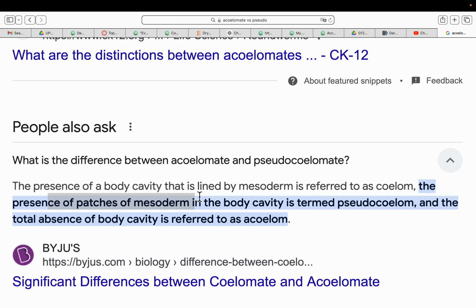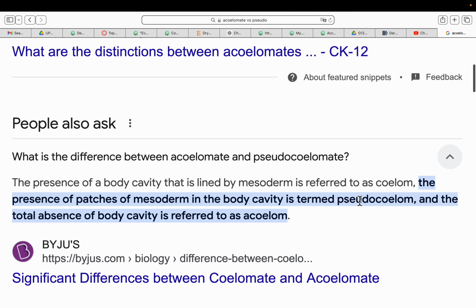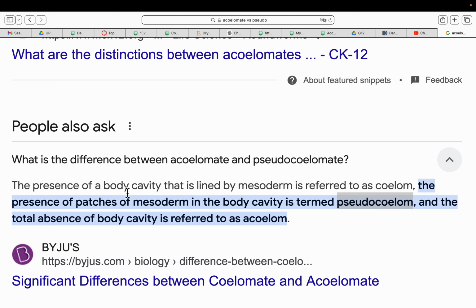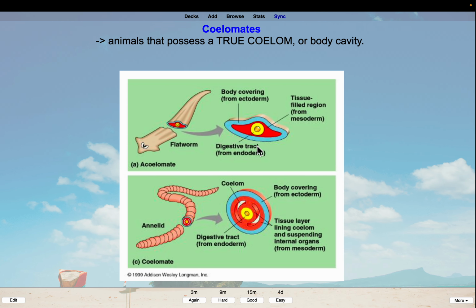Presence of patches of mesoderm in the body cavity, this phrase refers to pseudocoelom. So there are patches of mesoderm. If it's a coelom, that's the presence of a body cavity that's lined by mesoderm. So for pseudocoelom, we only have patches of mesoderm. If it's a coelom, there is a complete mesoderm lining. I think this is what is being stated here.